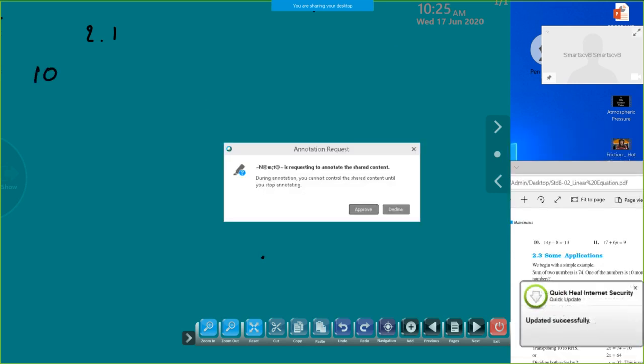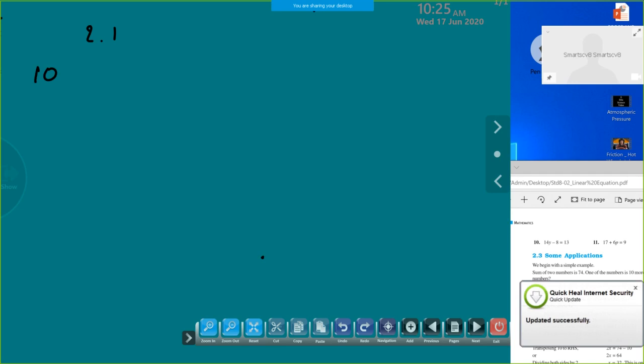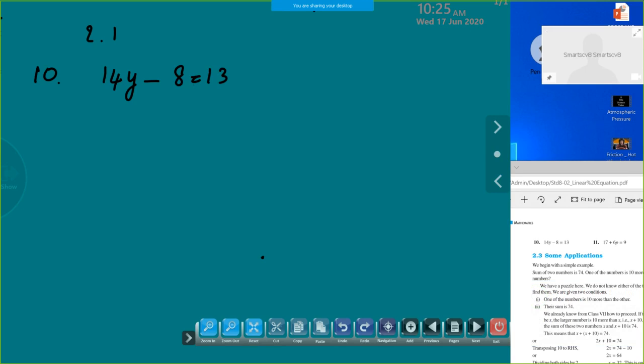Now, 10th question. 14y minus 8 is equal to 13. Again, like the 9th question, to get the value of y, first you bring minus 8 to the right side. So, 14y is equal to 13 plus 8. So 14y is equal to 21.